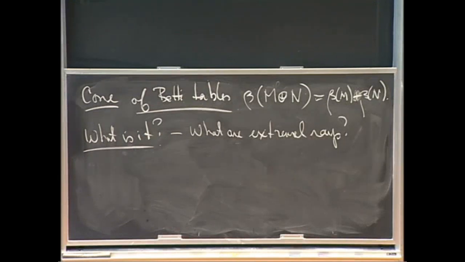Because they're always positive sums. So an extremal ray had better correspond to a table with as few entries as possible, whatever that might mean. You've got to have an entry in each column of the table because there's a free module there. It had better not be 0 because once it's 0, that's the end of the resolution. It never goes on. So all the columns of the table had better be occupied.